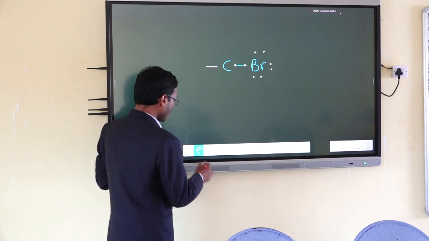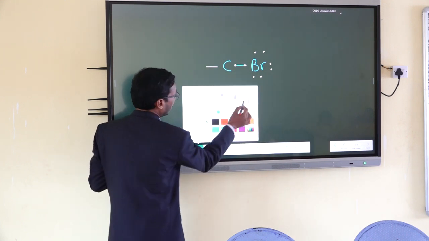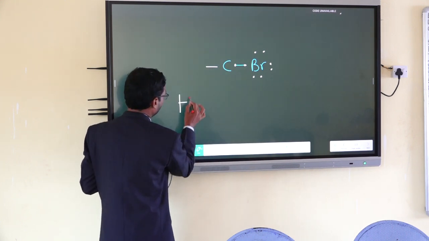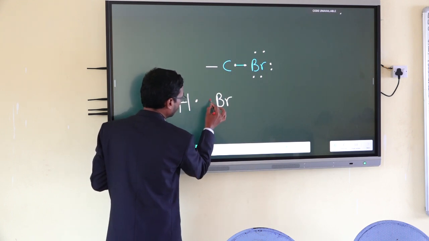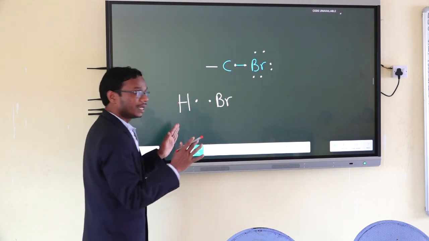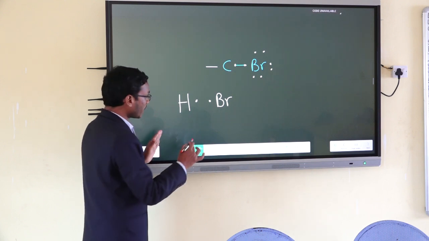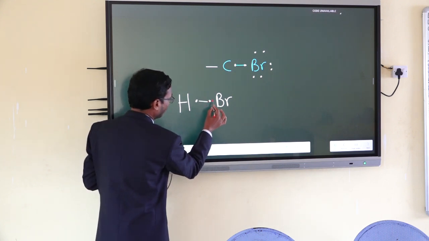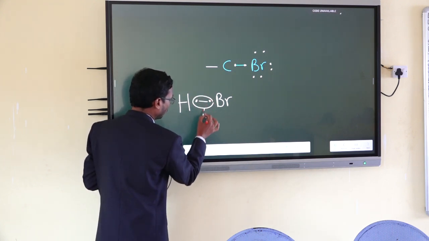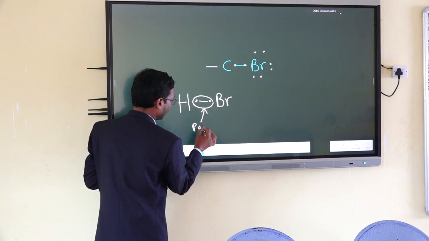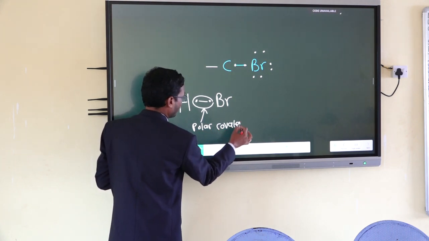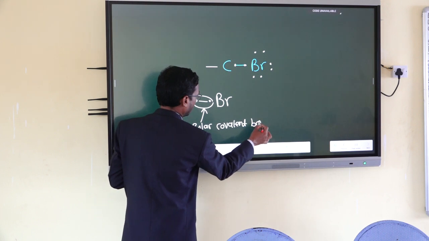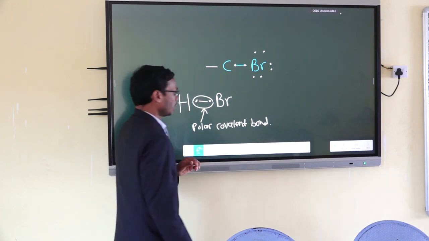Now write another simple example, HBr, to understand clearly. HBr, that is hydrogen and bromine. This is which bond? Polar covalent bond.